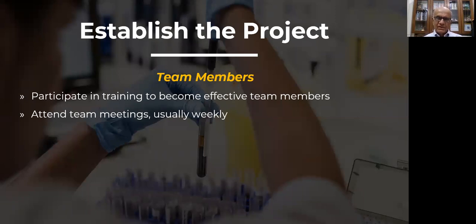Team members must commit themselves to attending team meetings, which are usually weekly. Where inconvenient, we know companies that have added 1 hour prior to normal work or worked 1 hour after the closing of a factory. Some even come on Saturdays to meet.